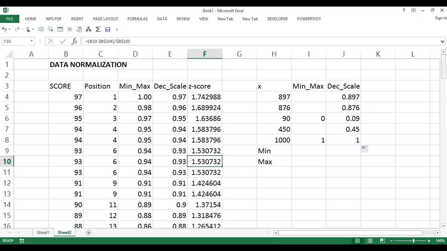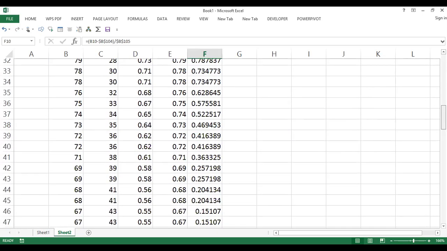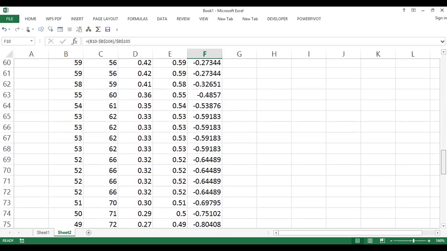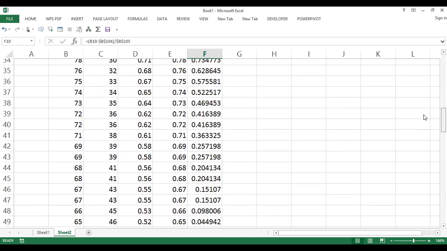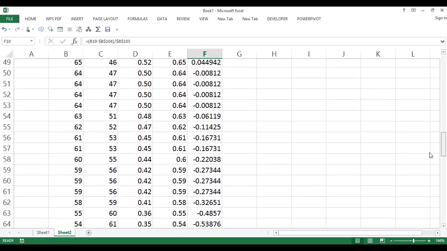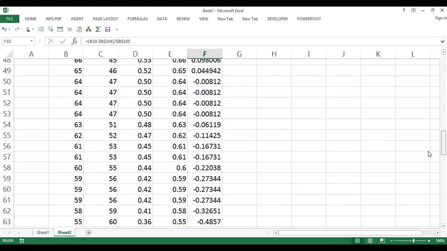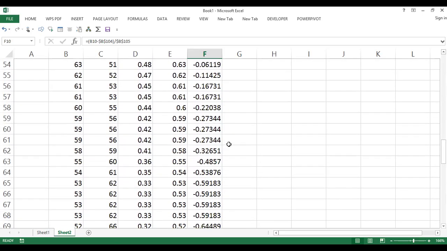What I was saying is, when you do Z-score transformation, you will always have plus and minus figures. Some will be plus, some will be minus. Why? Because every value that is less than the mean, I mean the average, will have a negative Z-score value. Let me show you. Is it clear now?